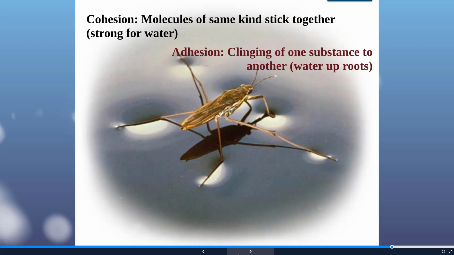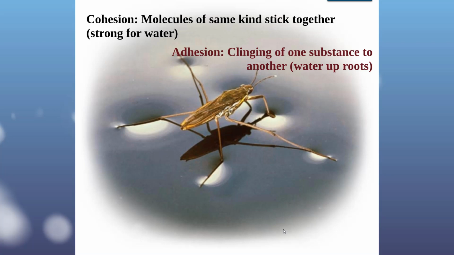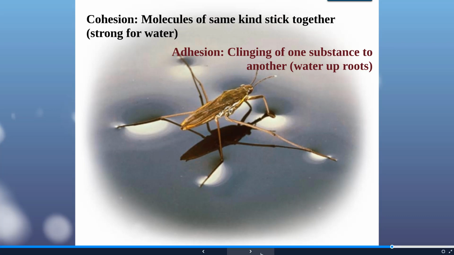It's also responsible for something called adhesion, where one substance can cling to another based on these different characteristics of water. So for instance, in this figure, we have a little water bug that's able to sit atop the water because it is actually able to have a little bit of a bond with that water molecule.